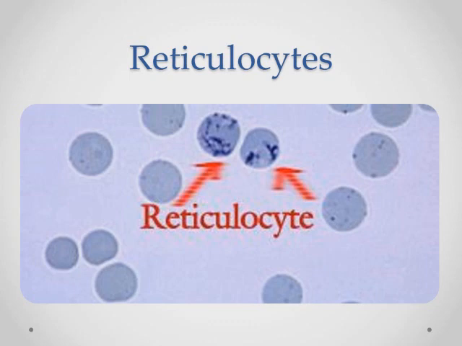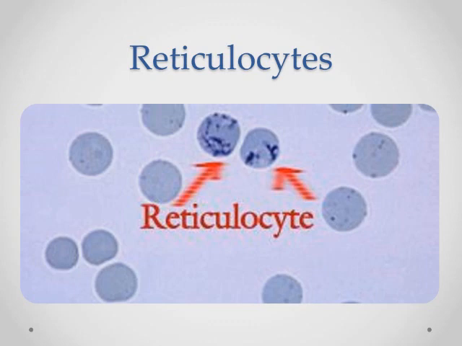Normally we have a retic percentage from 0.5 to 2.5%. But if there is reticulocytosis, or an increase in the reticulocyte production index, this means something is going on, like hyperactive bone marrow in case of hemolysis, hemolytic anemia.